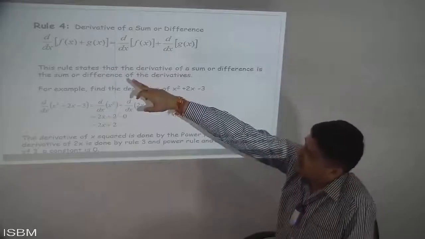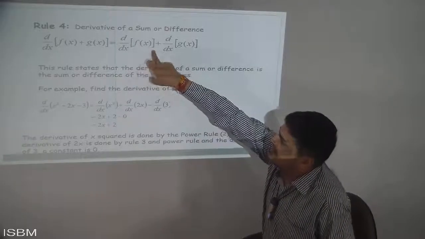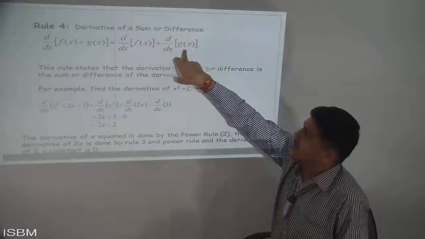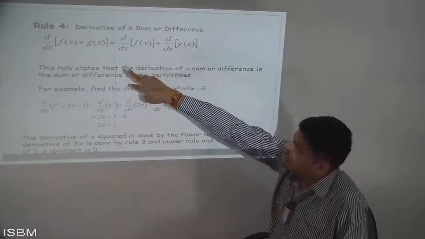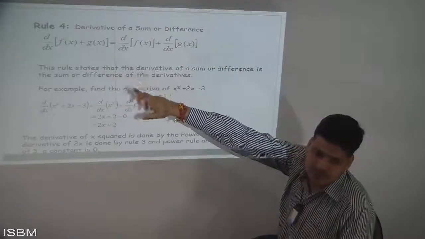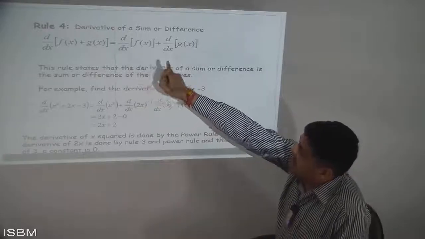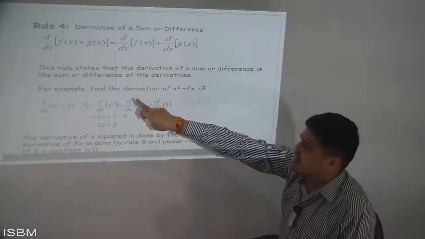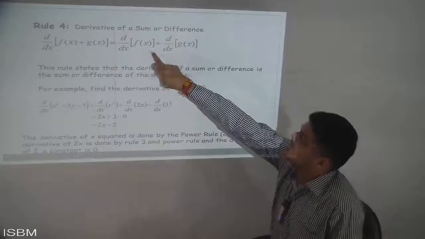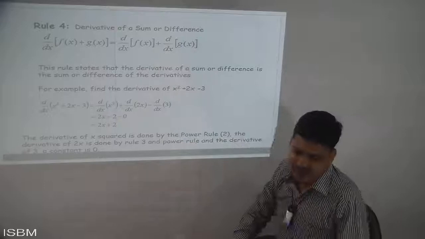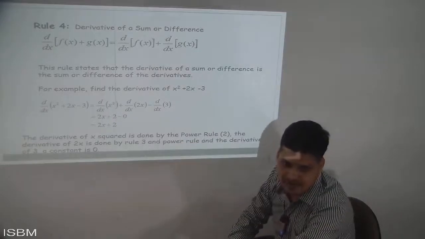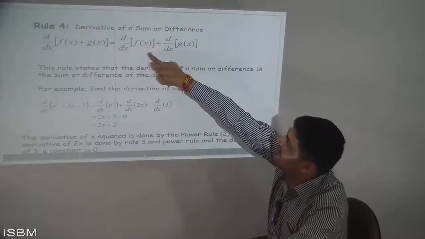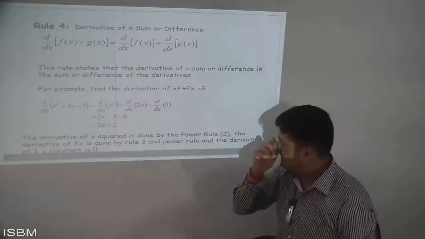So you can see d by dx into f(x) plus d by dx into g(x). We are applying both. So d by dx is actually multiplied with f(x) as well as with g(x). So this rule states that the derivative of a sum or difference is the sum or difference of the derivatives. If in place of plus there is minus, we have to apply the derivative over here.